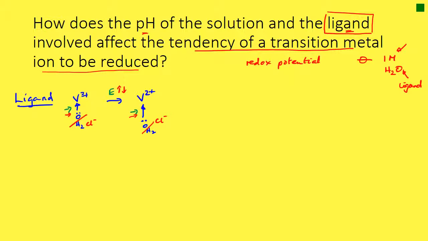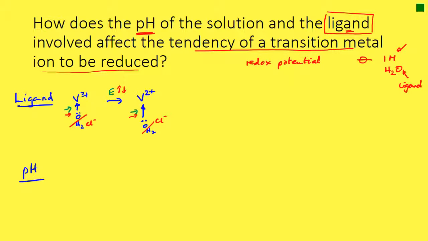And so that leaves us with the effect of the pH of the solution on the redox potential, that is, the effect of the pH on the tendency of the transition metal ion to be reduced. So first of all, let's just remember that when we're measuring the standard electrode potential, we're using neutral solutions, whereas when we're talking about redox potentials, we might be acidifying the solution.